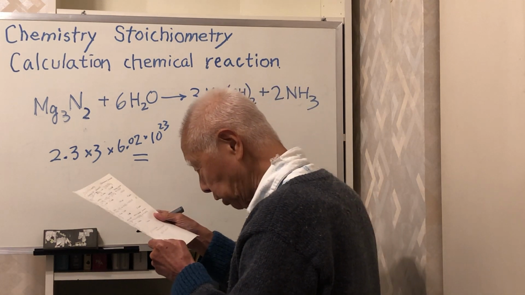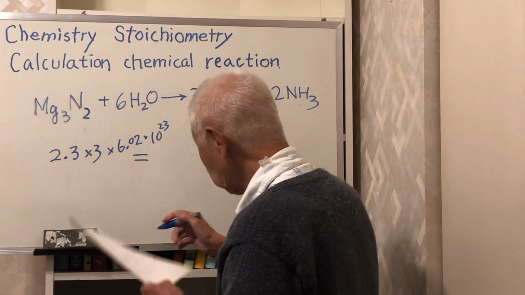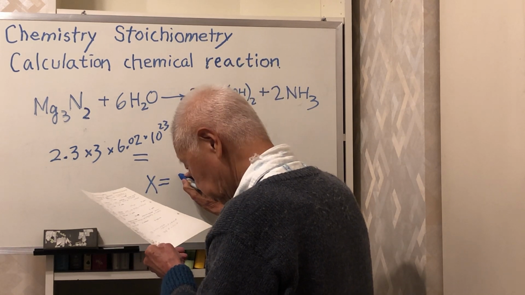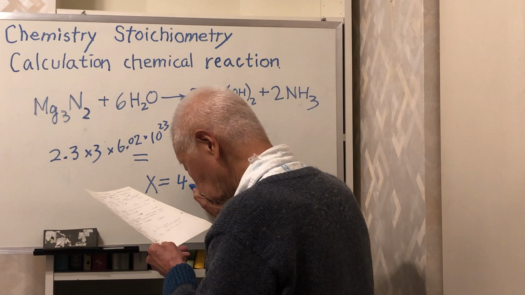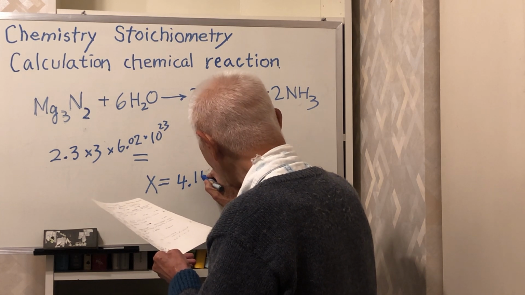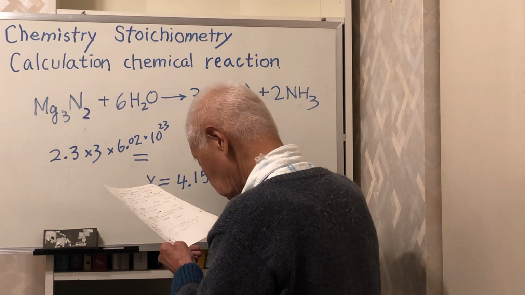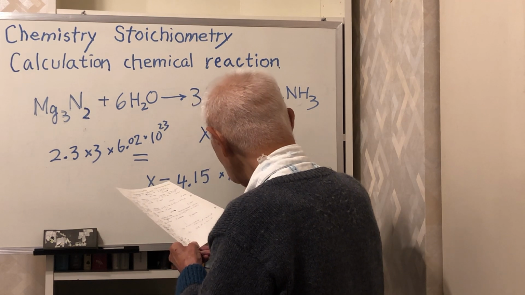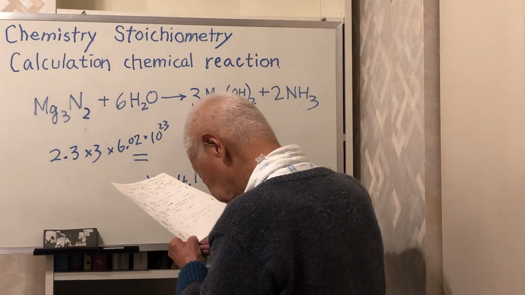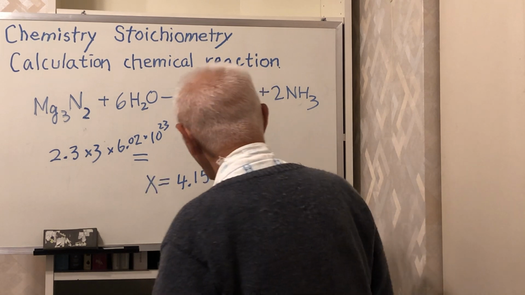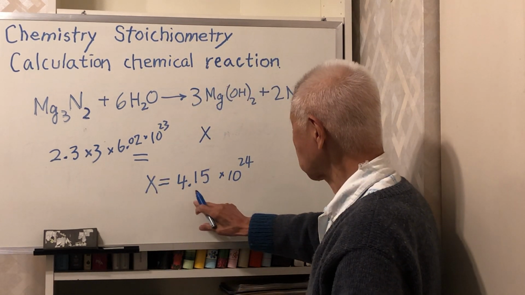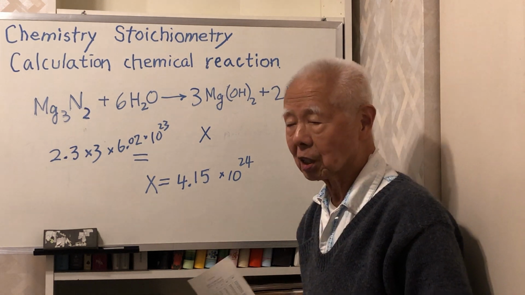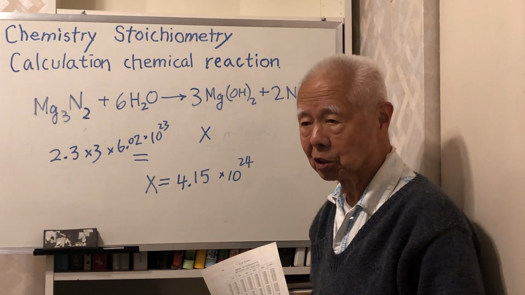Then the final answer is x is equal to 4.15 times 10 to the 24. Or you can round it to 4.2. That is just not important in our calculation.